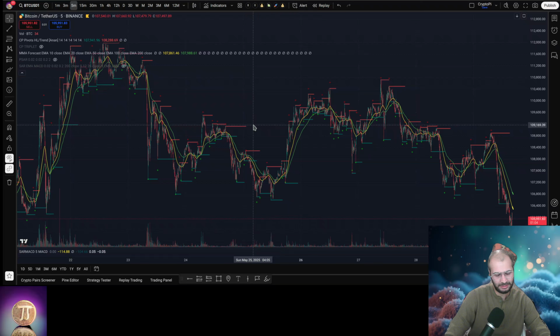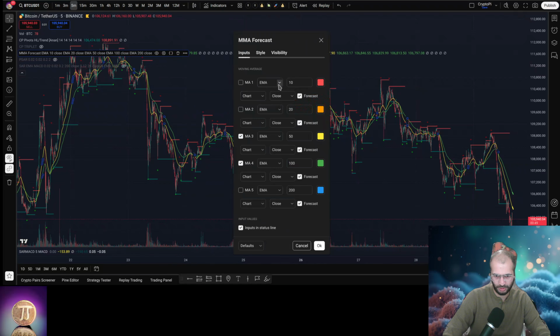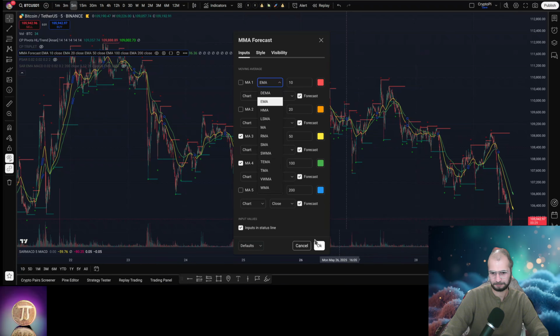So what has been done in the world of technical analysis is that additional indicators have been created based on moving averages. We need to note that it's not just the exponential moving average. There are the double exponential moving average, the Hull moving average, the simple moving average, the triple exponential moving average, the volume weighted moving average, and so on.